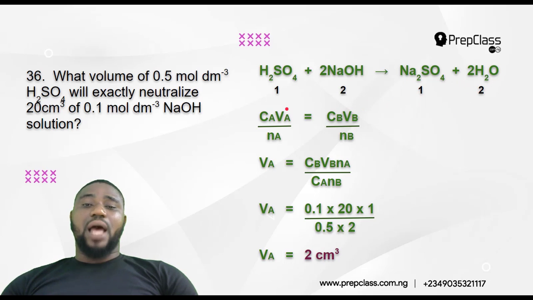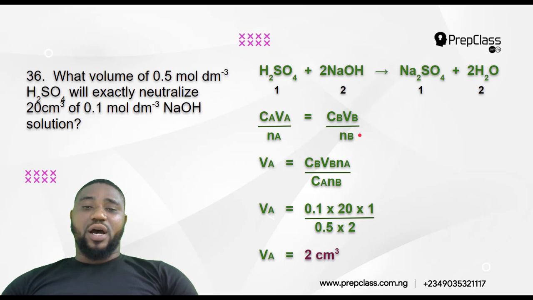So using our acid base formula, CAVA over NA equals CBVB over NB. You know that CA is concentration of acid in mole per dm cube, VA volume of acid, NA the mole ratio of the acid, here in this case is 1, CB concentration of base, VB volume of base, NB mole ratio of base.